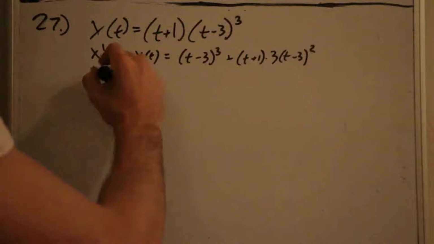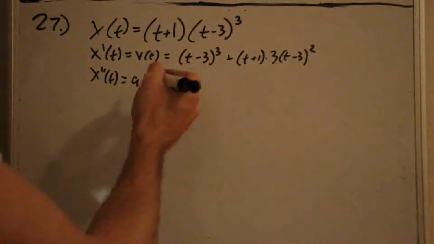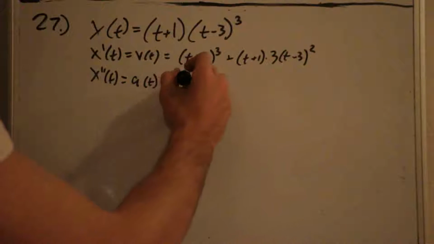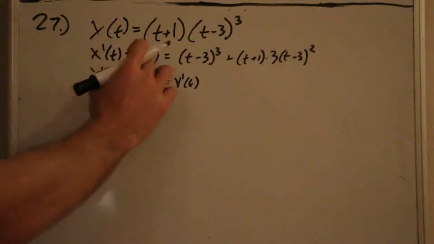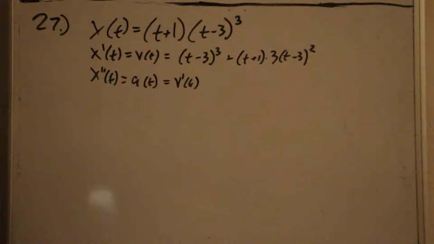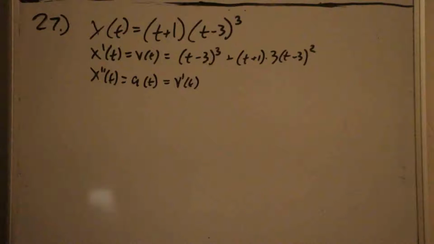I'm done with that. So x double prime of t equals my acceleration of t, which is also my v prime of t, right? The second derivative of position is the derivative of velocity, which is my acceleration. Okay, so I'm finding the slope of my velocity because I want to find where it's increasing.